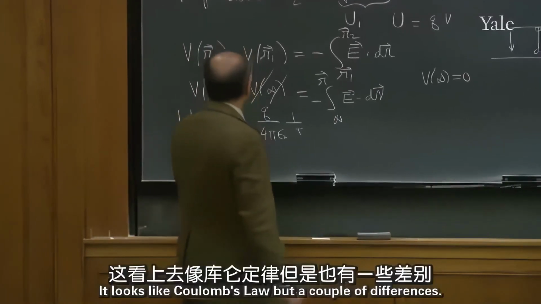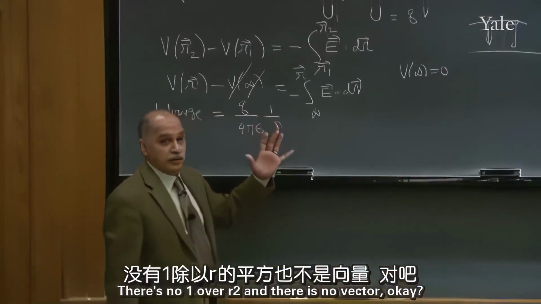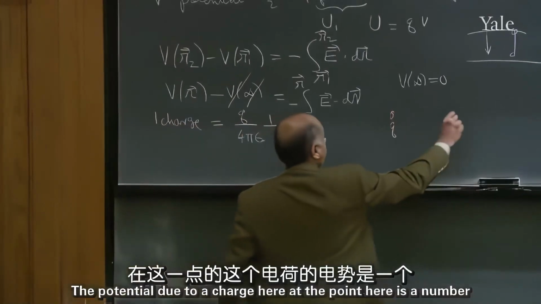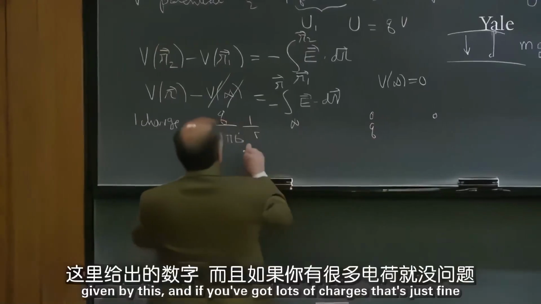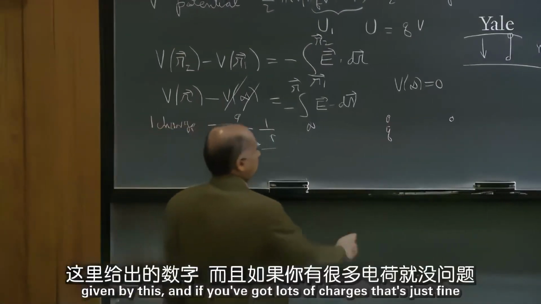Looks like Coulomb's law, but a couple of differences. There's no 1 over r squared, and there is no vector. Okay, the potential due to a charge at this point is a number given by this. And if you've got lots of charges, that's just fine.